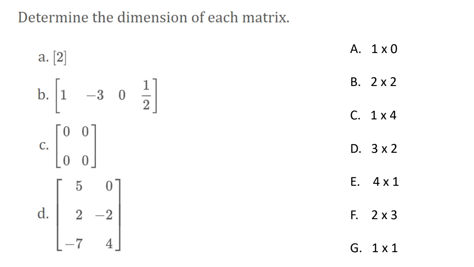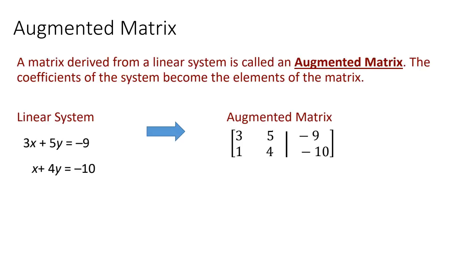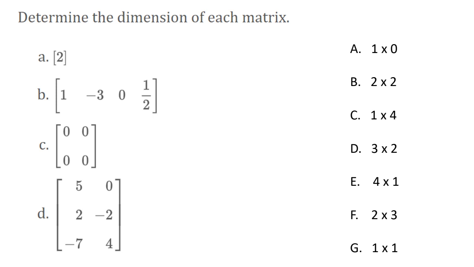Okay. So let's look at this example. I have some matrices on the left side, and then I have the size of the matrix on the right side. So here we're just going to try to match them. Let me get the pencil out so we can match them. The first one here, how many rows?